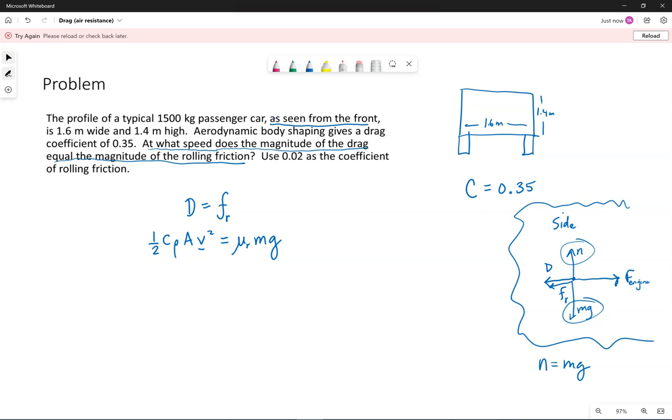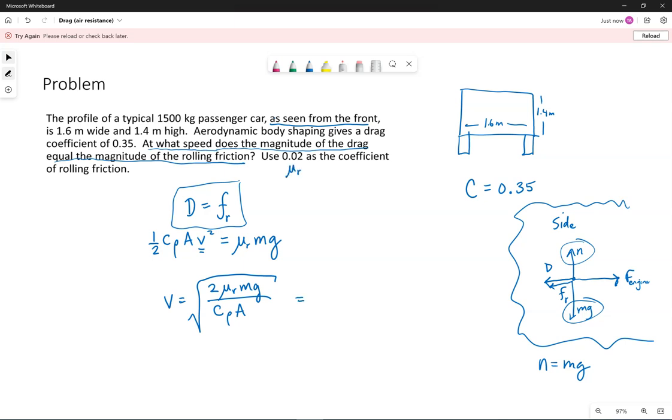So we're looking for the value of v when these are equal. If I pull the 2 over, I end up dividing by C, rho, and A, and then square root.